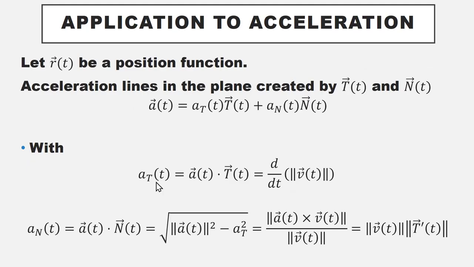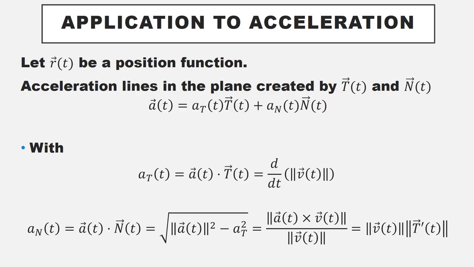This a sub t we knew could be found by taking a dot product with the acceleration and unit tangent vectors. But if you work through that, it turns out it's the same as taking the derivative with respect to t of the speed function. Again, r of t is a position function, so the magnitude of the velocity vector is speed.